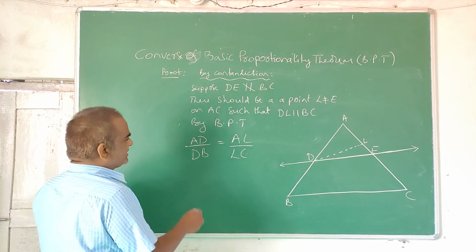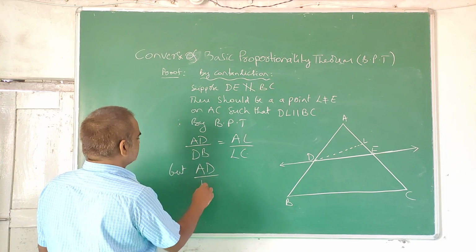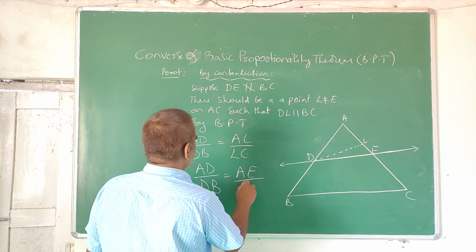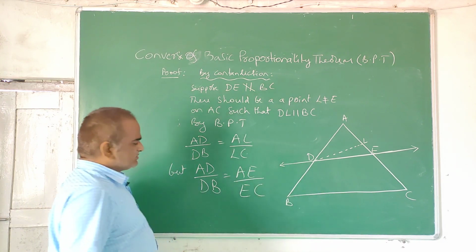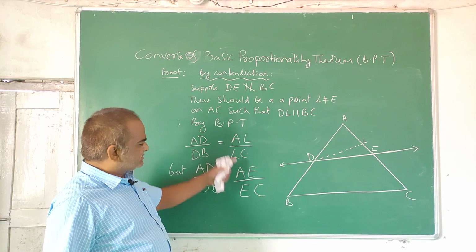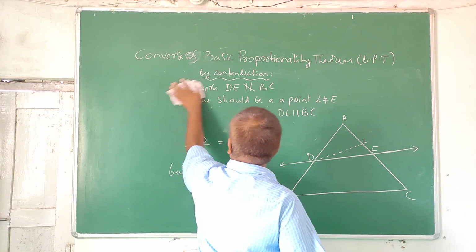By BPT we have this, but AD by DB is equal to AE by EC, by given. So these two must inevitably be equal.